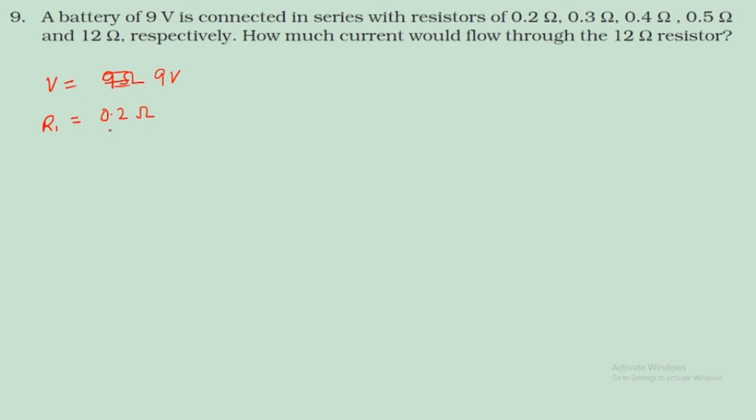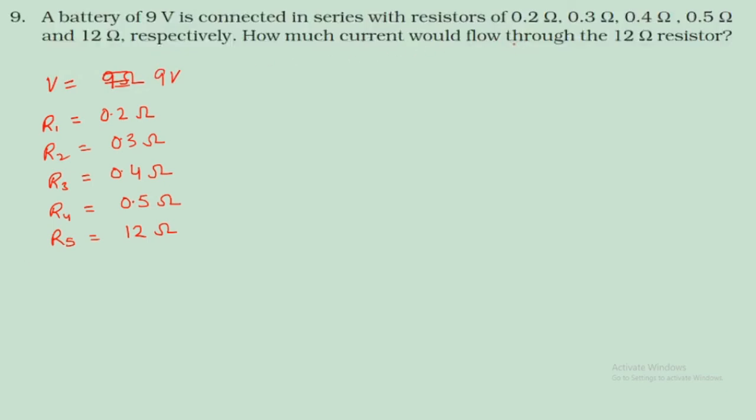R1 is 0.2 ohm, R2 equals 0.3 ohm, R3 is 0.4 ohm, R4 is 0.5 ohm, and R5 is 12 ohm. All connected in series.